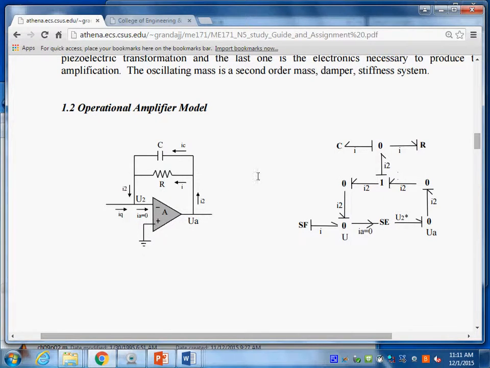Nevertheless, this is the bond graph model of the circuit, which any way you do it, by now you should be able to come up with this.